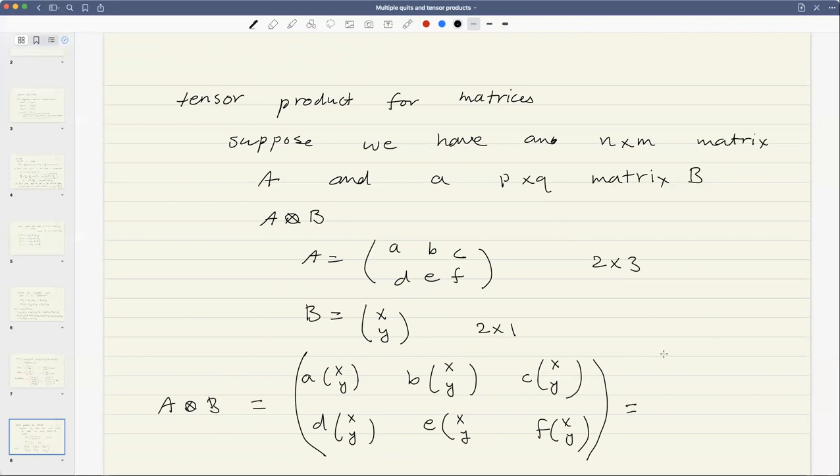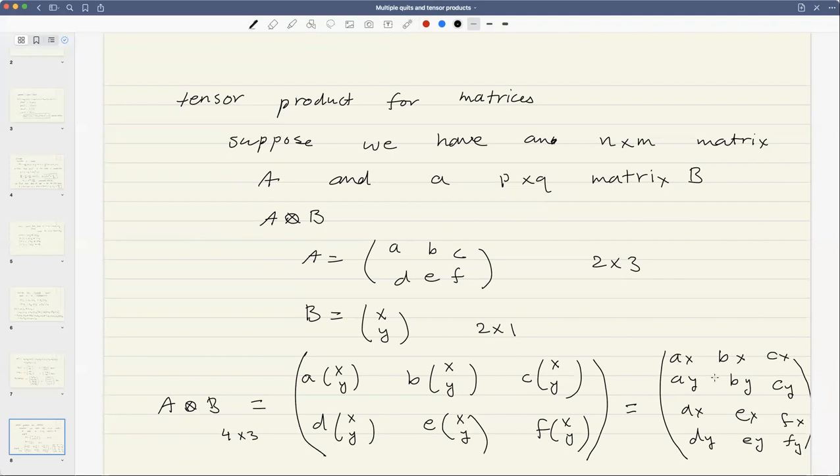So this becomes now a matrix that's 4 by 3. So I have AX, AY, DX, DY, BX, BY, EX, EY, CX, CY, FX, FY.